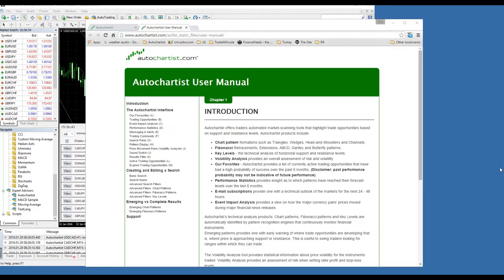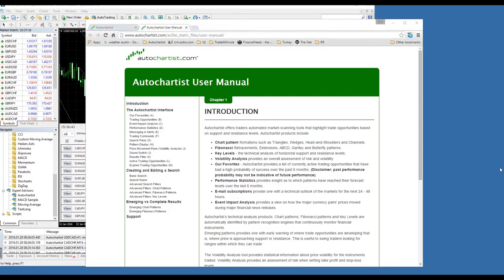Now Suthakaran has asked if Autochartist costs anything. Autochartist does not cost anything if your broker provides it. If your broker doesn't provide it, because we don't sell directly, there are some brokers or companies to whom you can pay, and they will give you access to Autochartist.